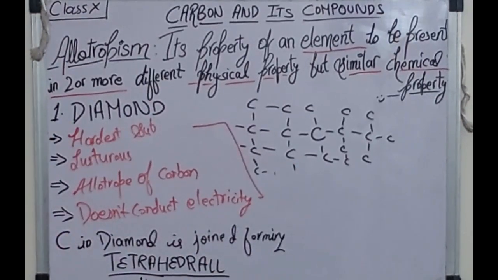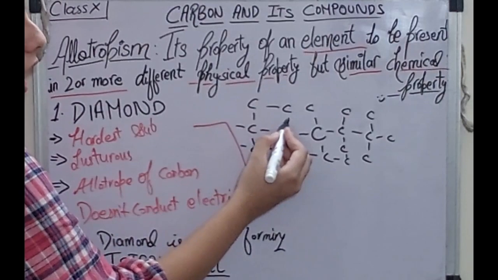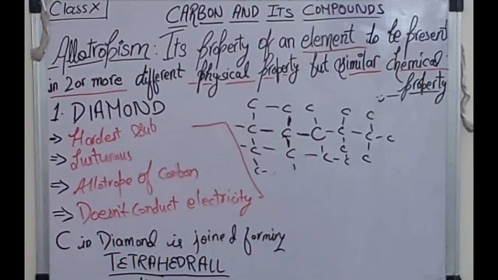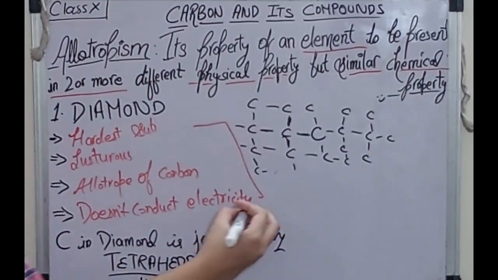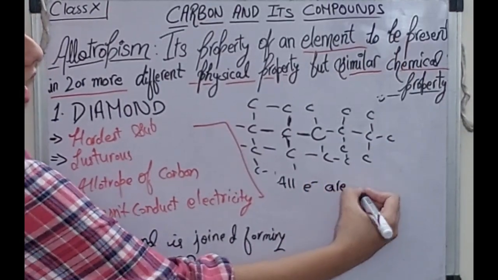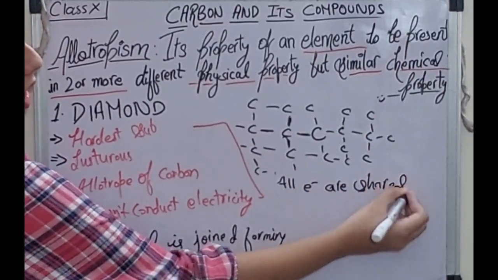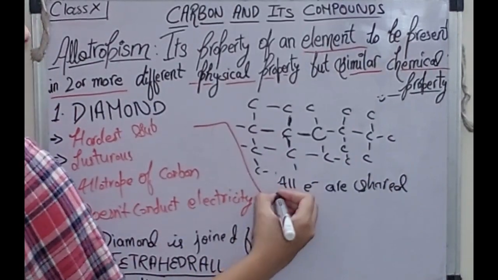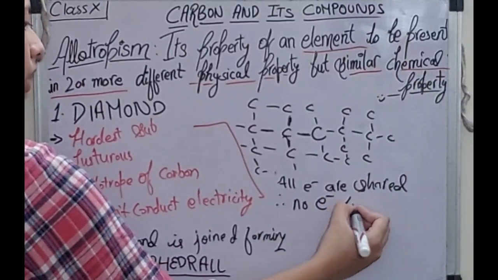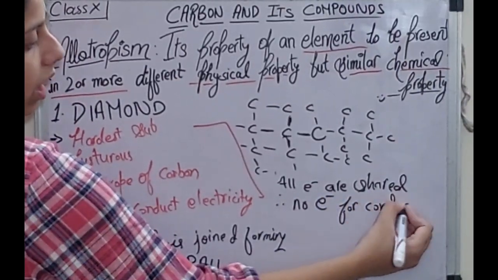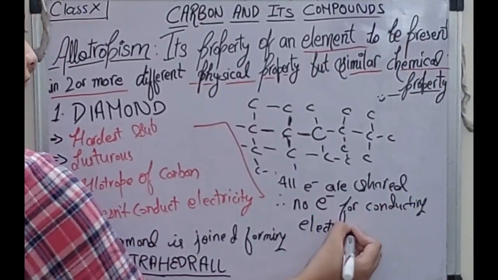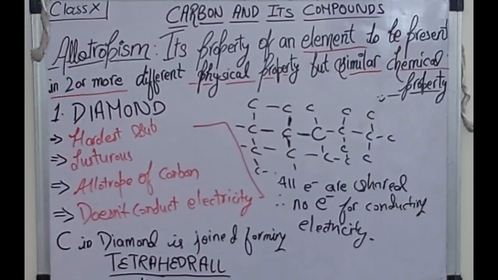It means it forms something like a tetrahedral. Each carbon valency is completed with a carbon only. It means all electrons are shared. Therefore there are no electrons for conducting electricity.